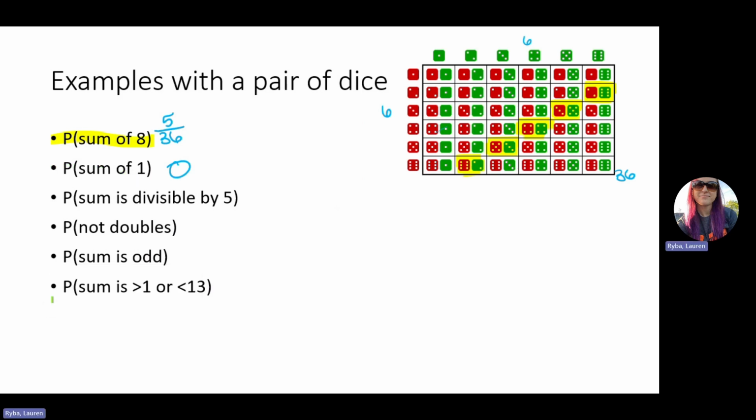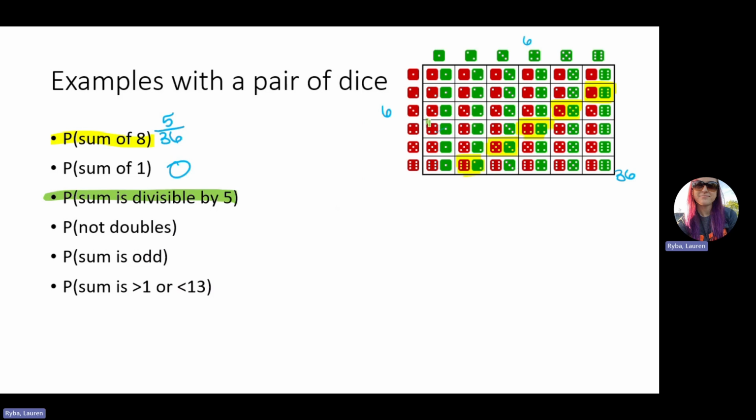All right, next one. The sum is divisible by 5. So I'm looking for numbers that when I add the 2 dice together, I get a number that is divisible by 5 nicely. So what numbers can I divide by 5 nicely? 5 and 10. Yes.